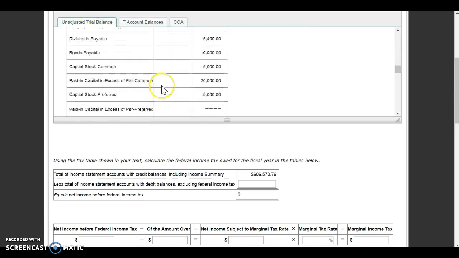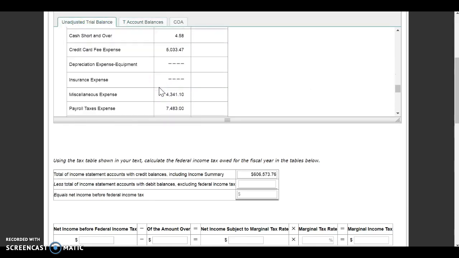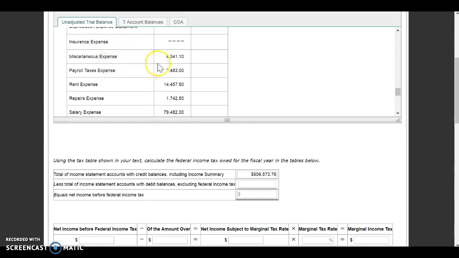Going back to my unadjusted trial balance. Miscellaneous expense did not change. Payroll taxes expense, sorry. Rent expense.